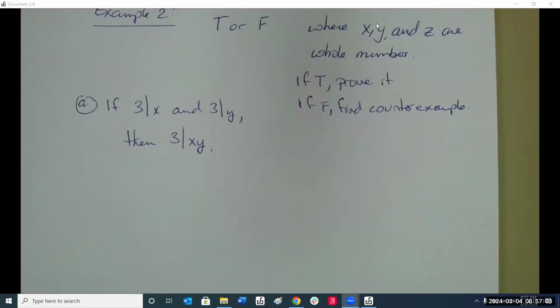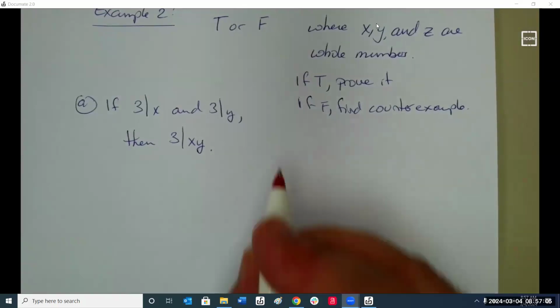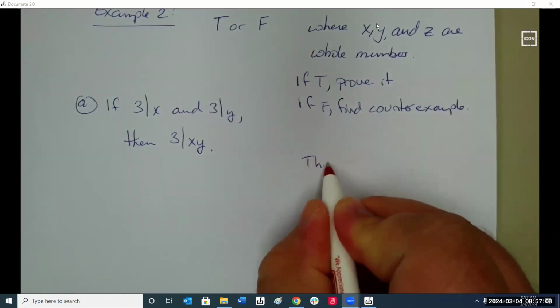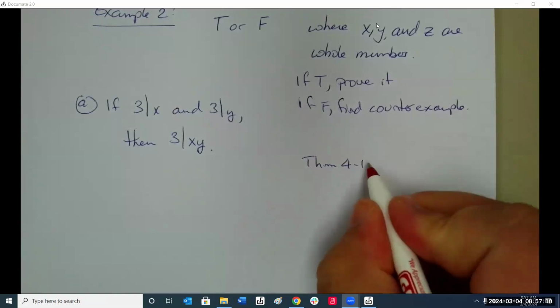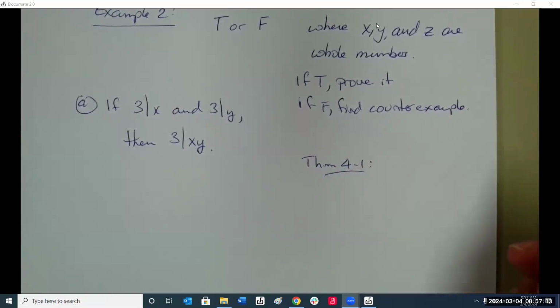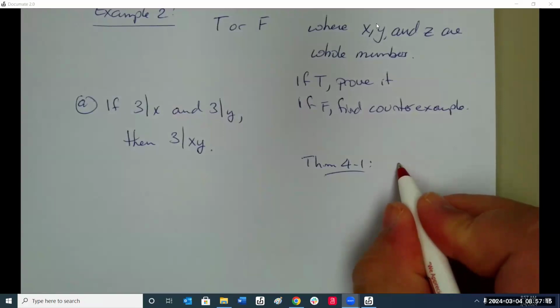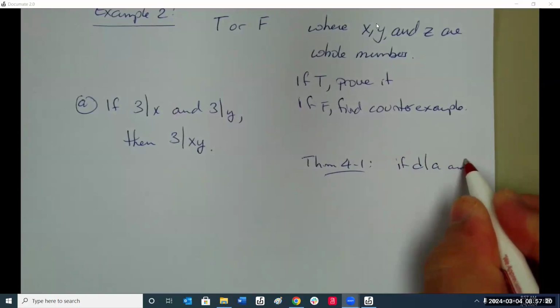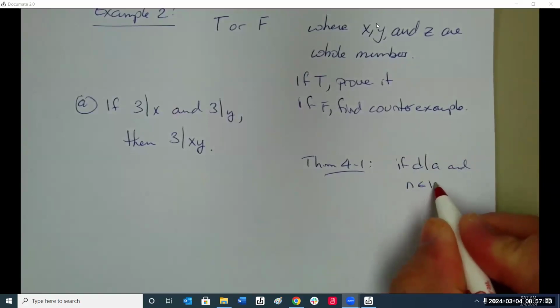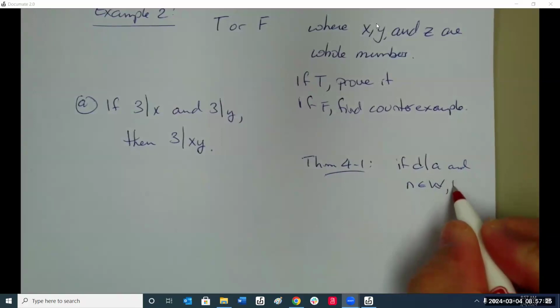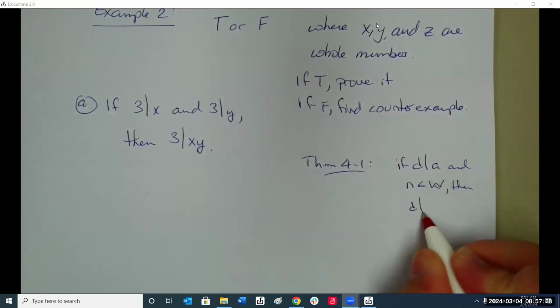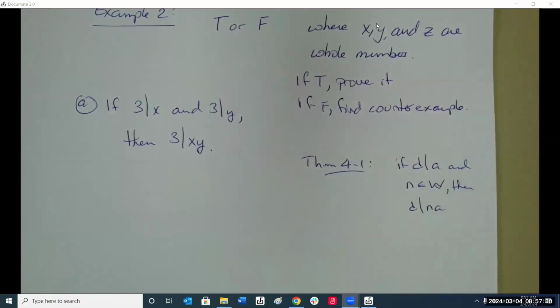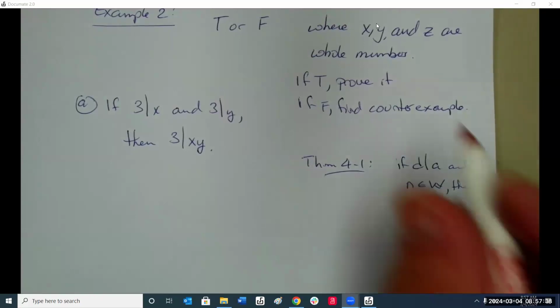Look at theorem 4-1. Theorem 4-1 says if D divides into A and N is any whole number, then D divides into N times A. Well, for these, we're saying they're all whole numbers.